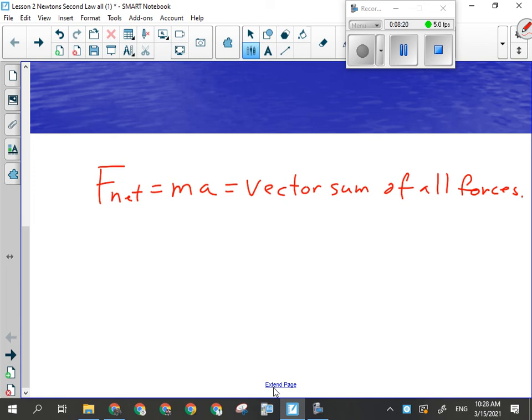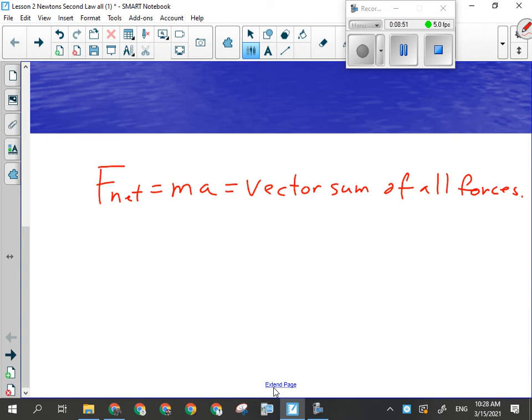So there's going to be some vector addition still here. The vector sum of all forces is the other way to find that unbalanced force by adding all the forces together. If they all add up to 0, then the net force is 0, and Newton's first law applies. If they don't add up to 0, Newton's second law applies, and there will be an acceleration in the direction of that unbalanced force.